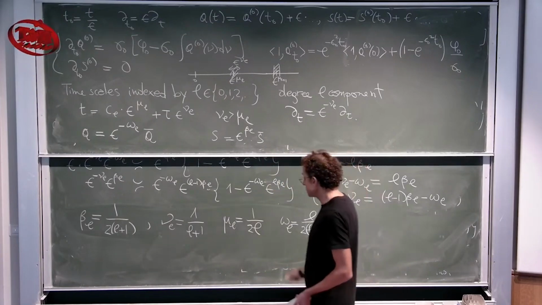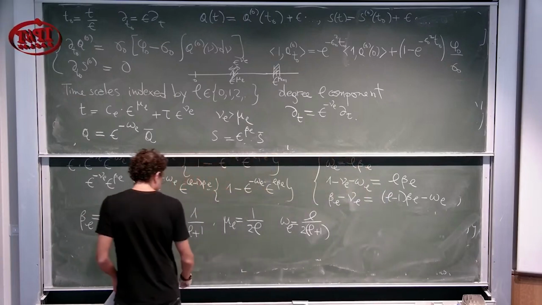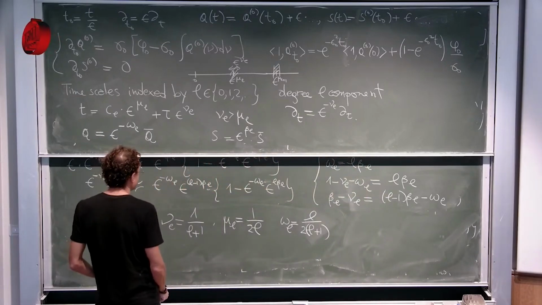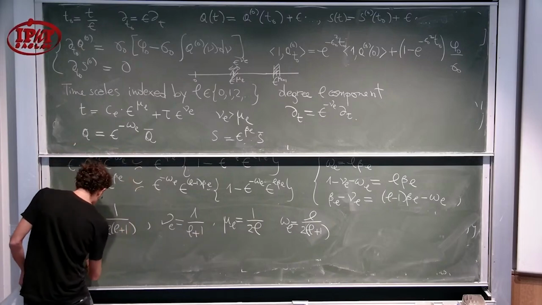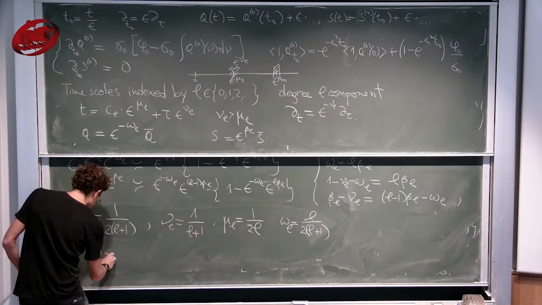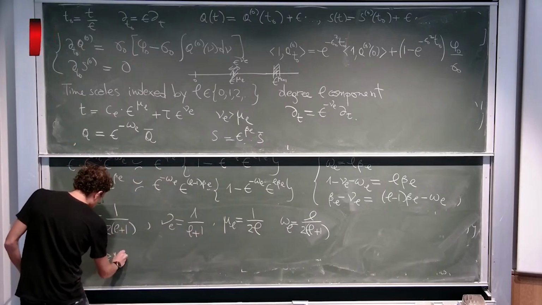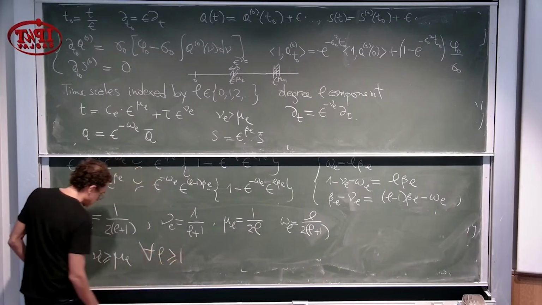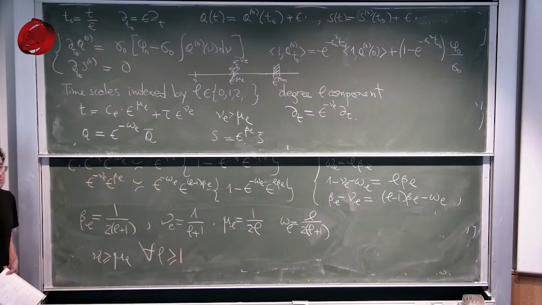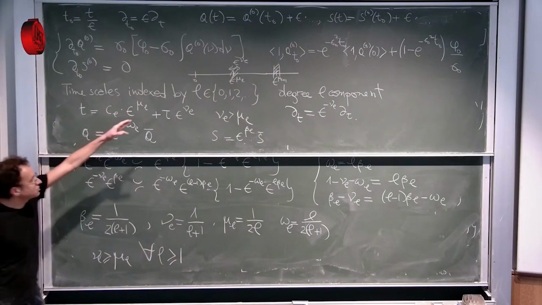Now notice that for any L at least 1, mu L is bigger than or equal to 1, and is strictly bigger for L bigger. Okay, so the picture is what I said.